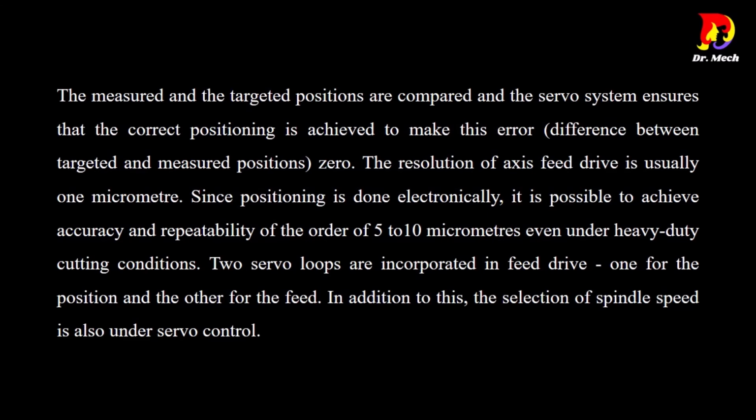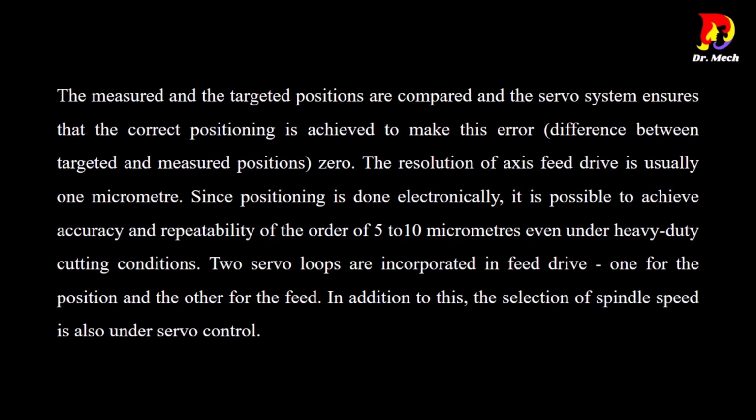The measured and the targeted positions are compared, and the servo system ensures that the correct positioning is achieved, to make this error zero, the difference between targeted and measured positions. The resolution of the axis feed drive is usually 1 micrometer.